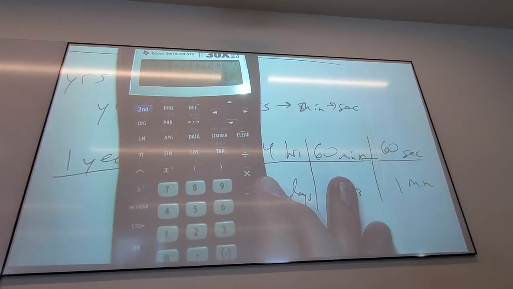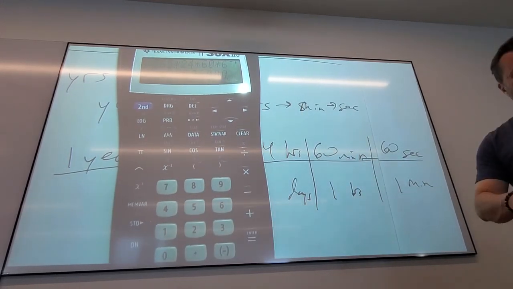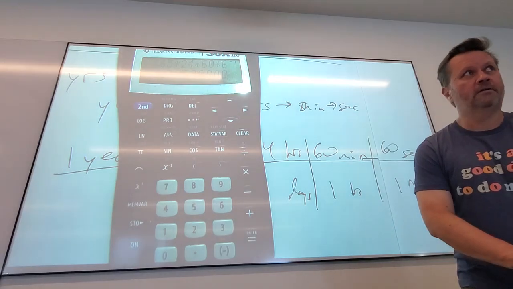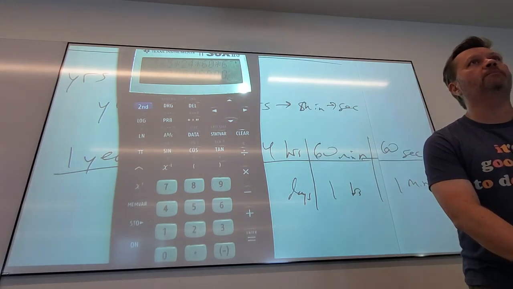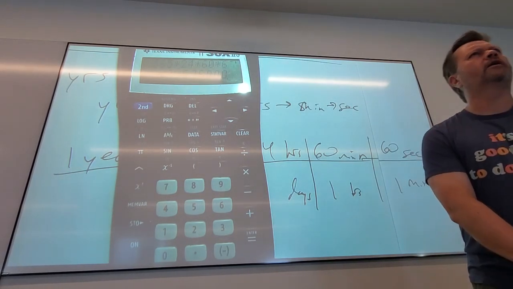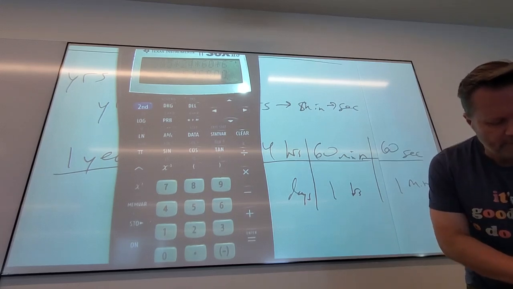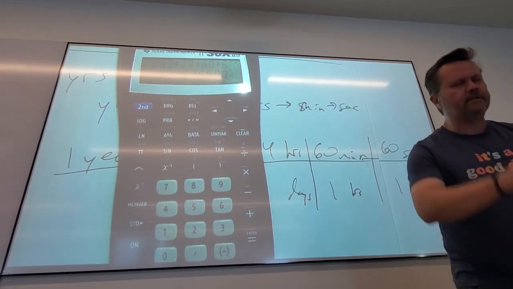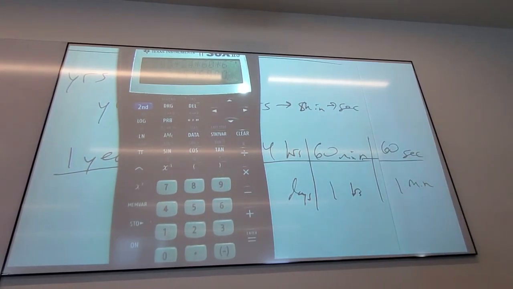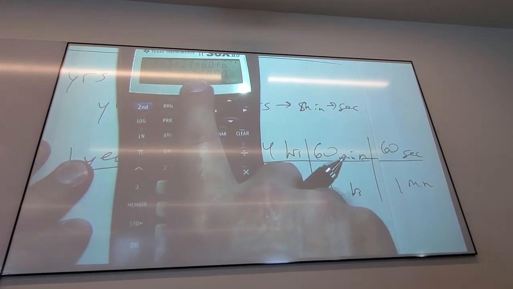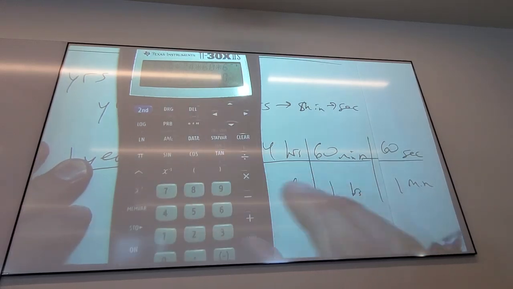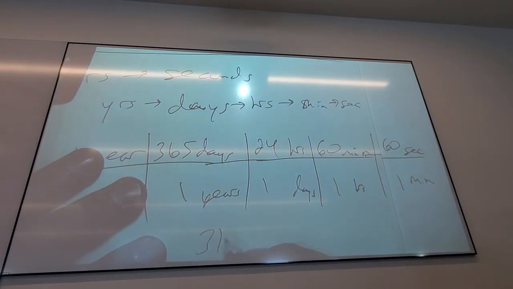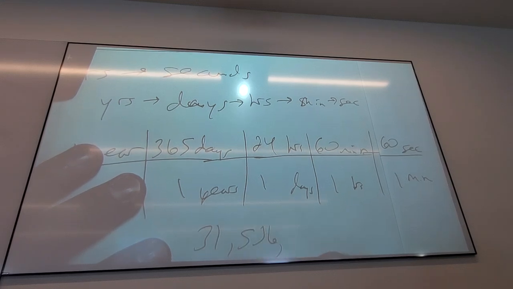You guys with me? That cannot be the answer, you all agree? I was thinking it would give it to me as times 10 to the something, but it didn't. So what is it? It's 31,536,000.